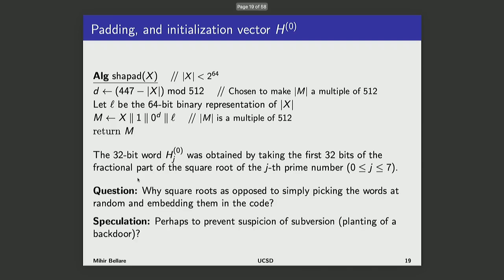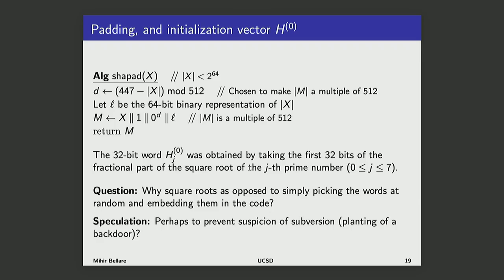So now when looking at something like this, there is some curiosity about it, in the sense that why are they doing this? Why would your constants be obtained by taking square roots of prime numbers? Why don't they just pick something at random and then stick it in the code? And there you get to things that have come up in cryptography over time. One of them is that there have been cases that standards have been subverted, meaning the standard was created, let's say, by a government agency who, through choices like constants, planted some kind of backdoor.